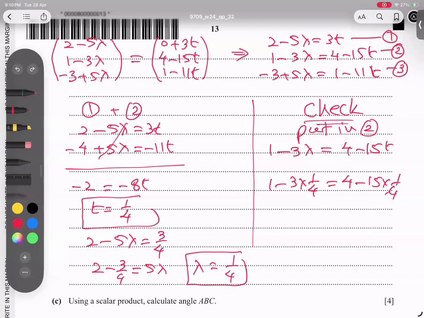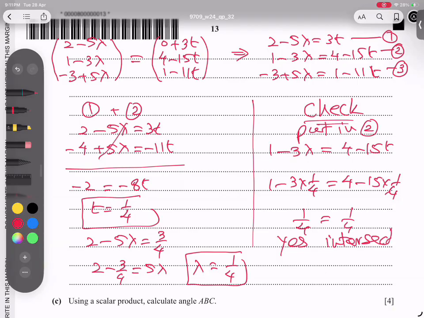So I'm going to simplify now. Here I got 1 minus 3 over 4, in fraction form, I'm getting 1 over 4. And 4 minus 15 over 4, and I got the same answer, students, 1 over 4. So yes, they intersect.